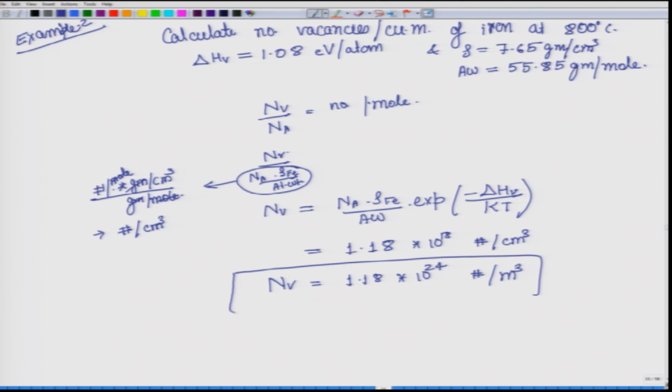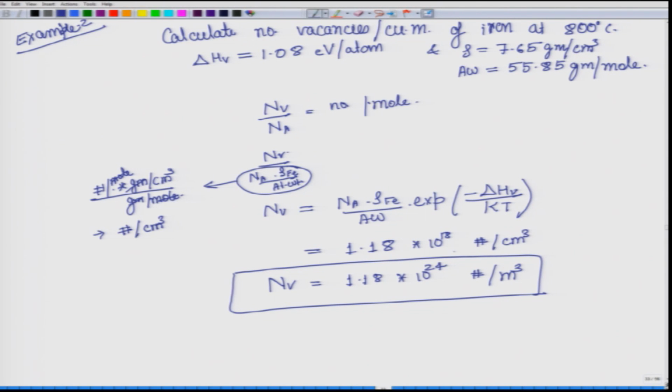So, here, with different units, we are looking at how many vacancies would be there in 1 cubic meter of iron, or if we are talking about centimeter cube, then in 1 cubic centimeter, something as small as this, what the number density is. Again, it may look like a very large number, but keep in mind that the number of sites is also very, very large.